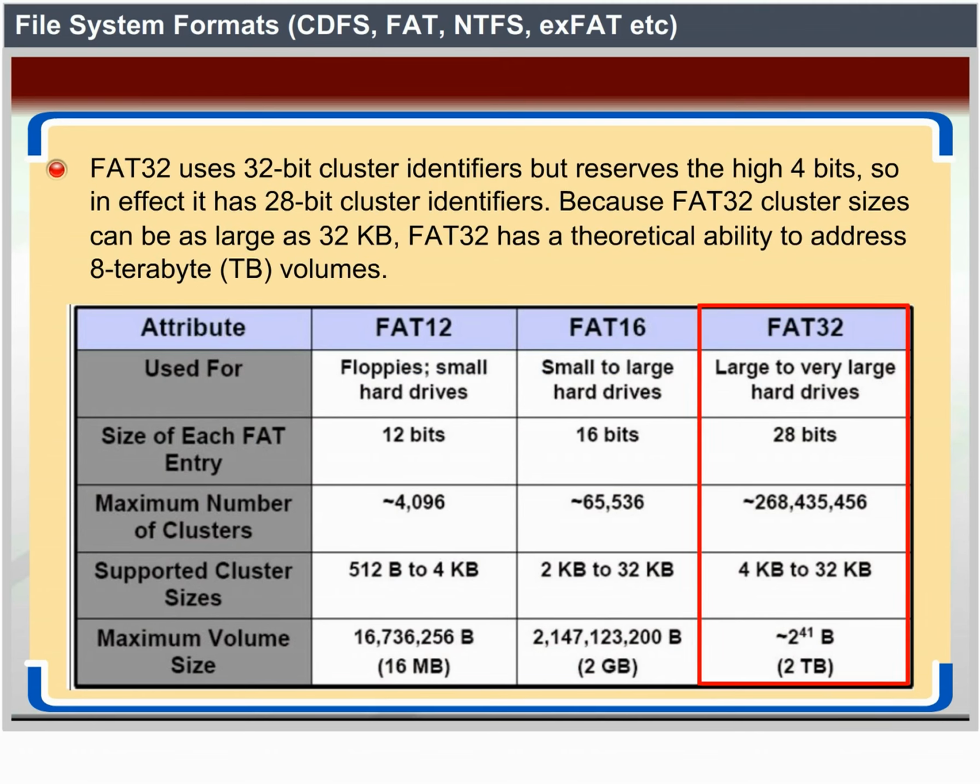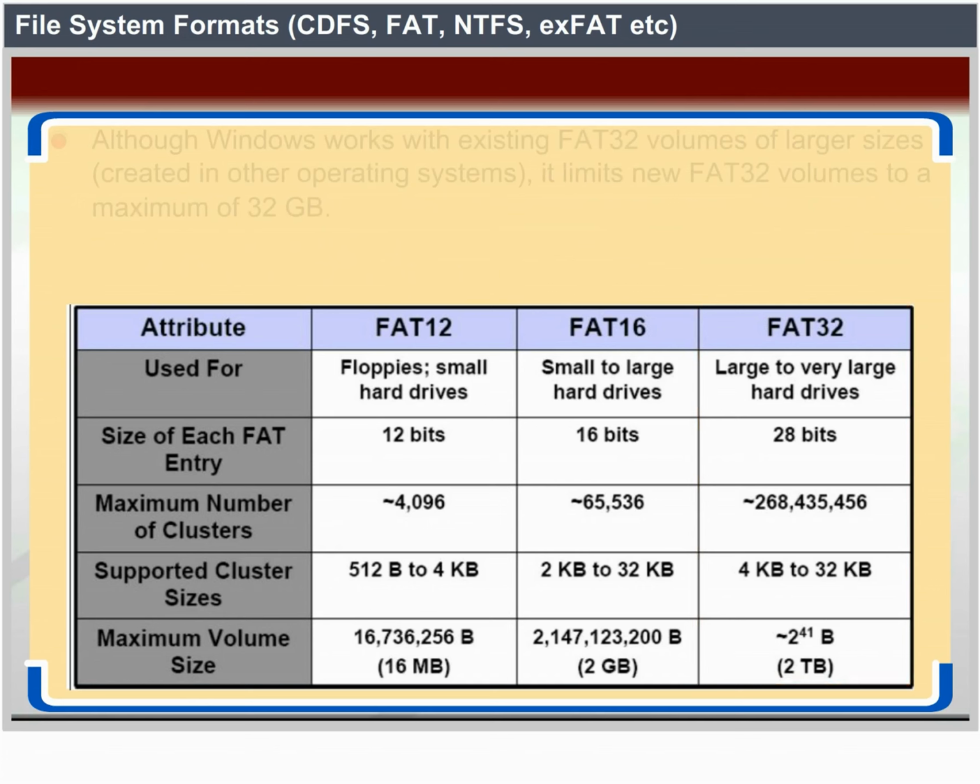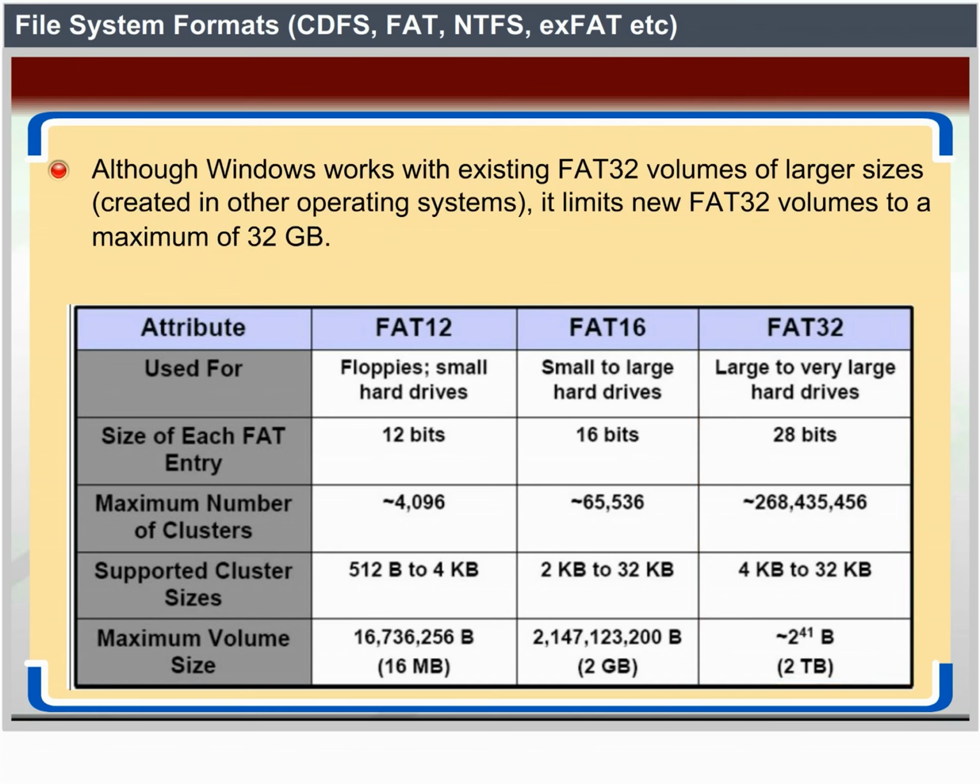Because FAT32 cluster sizes can be as large as 32 KB, FAT32 has a theoretical ability to address 8 terabyte (TB) volumes. Although Windows works with existing FAT32 volumes of larger sizes created in other operating systems, it limits new FAT32 volumes to a maximum of 32 GB.